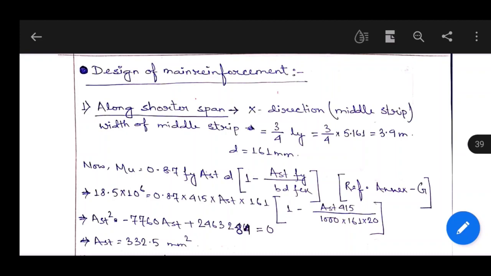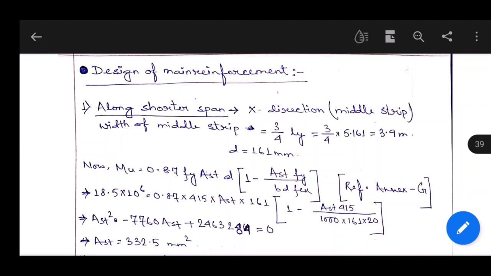Now as per the equation of Annex G of IS 456/2000, to find the ultimate moment, the formula is Mu is equal to 0.87 fy into Ast into d, within bracket 1 minus Ast fy over b into d into fck.